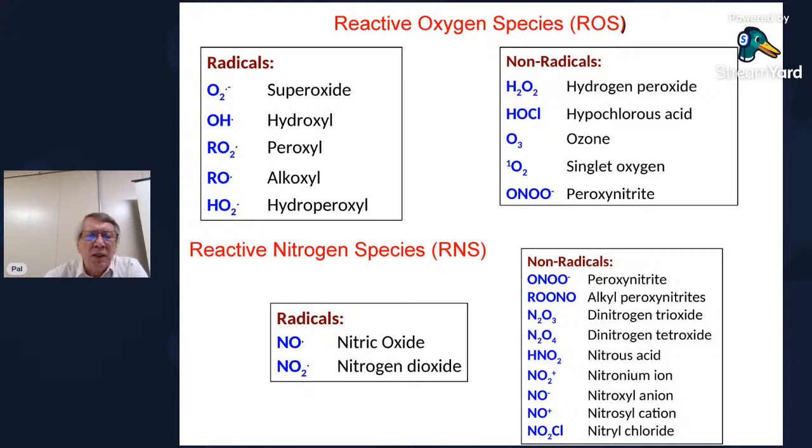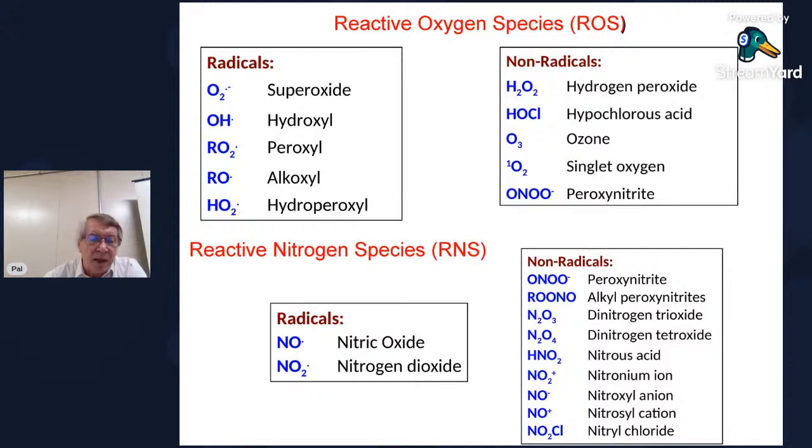The peroxyl, the alkoxyl, and the hydroperoxyl radicals have to be taken into consideration when we are talking about this collective name of reactive oxygen derivatives. As for the reactive nitrogen species, among them we can find nitric oxide and nitrogen dioxide.